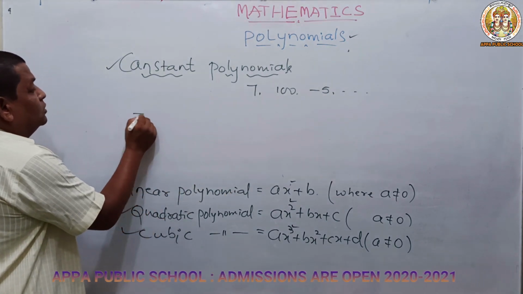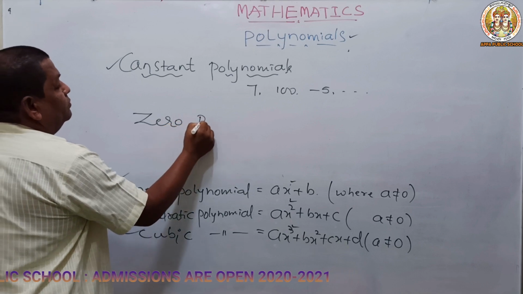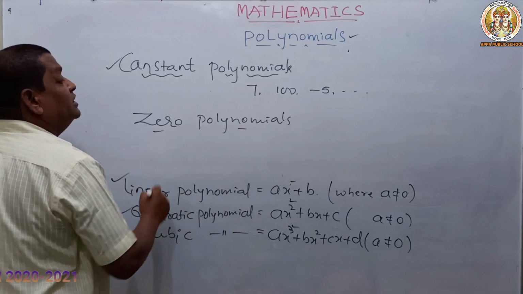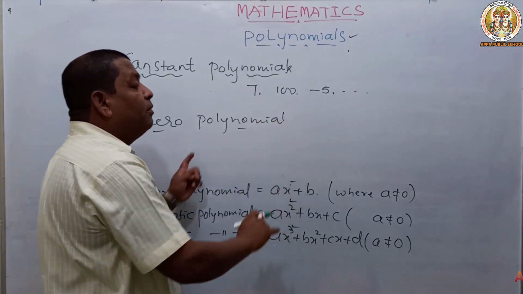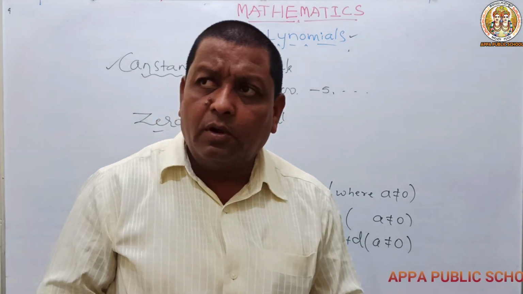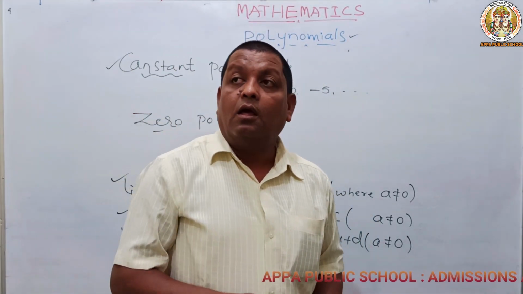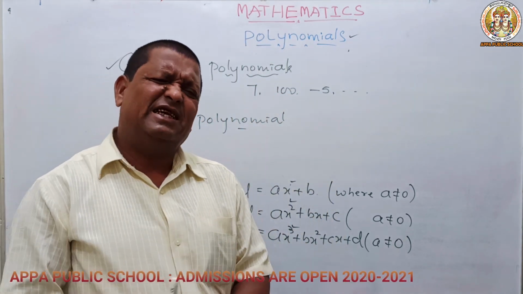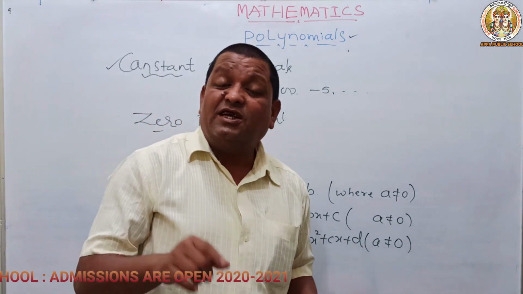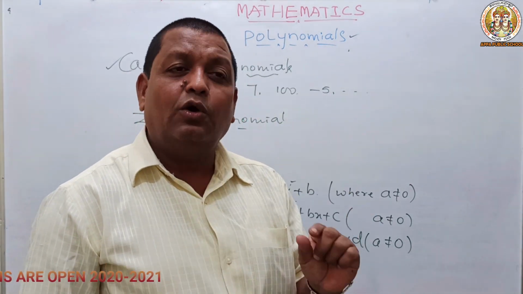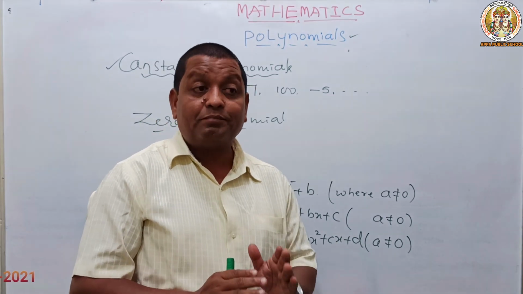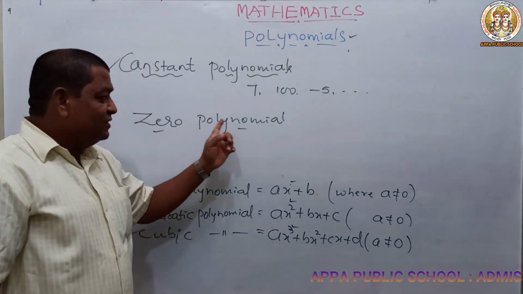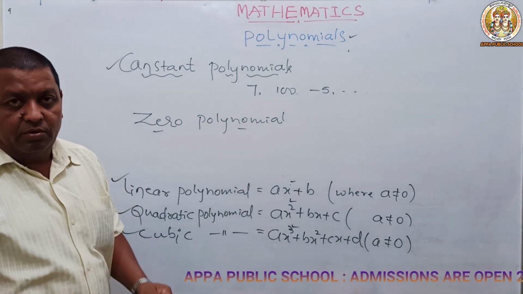Okay. Now, the zero polynomial. Constant polynomial, you understood what that is? Only a constant is there, that is a constant polynomial. What is the zero polynomial? Definitely in constants, zero also comes. If only 0 is there, it is special, and that is called the zero polynomial.